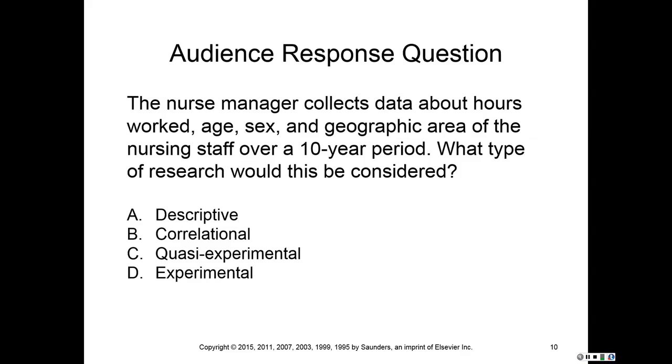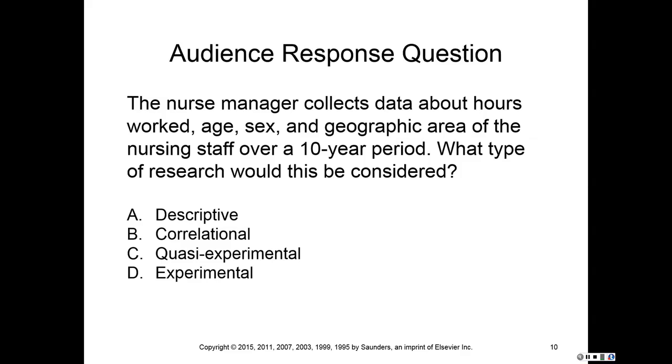All right, here's a question for you. The nurse manager collects data about hours worked, age, sex, and geographic area of the nursing staff over a 10-year period. What type of research would this be considered? Descriptive, correlational, quasi-experimental, or experimental?